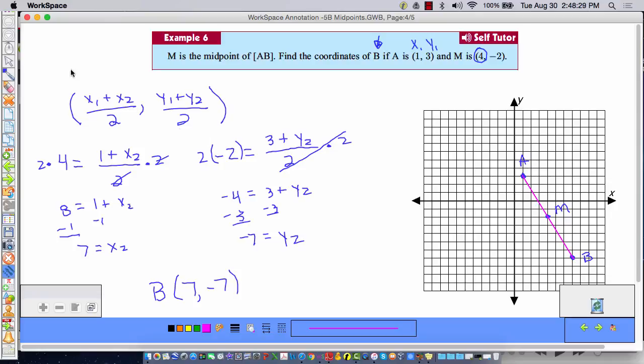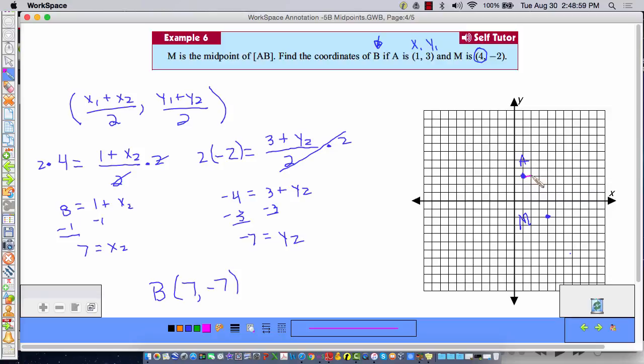The other way we could have done this to find B, let me get rid of B here. Sorry. So this is M, right? You can say to yourself, well, how far? You can just use steps. How far do I need to go first horizontally and then vertically to get to the midpoint?